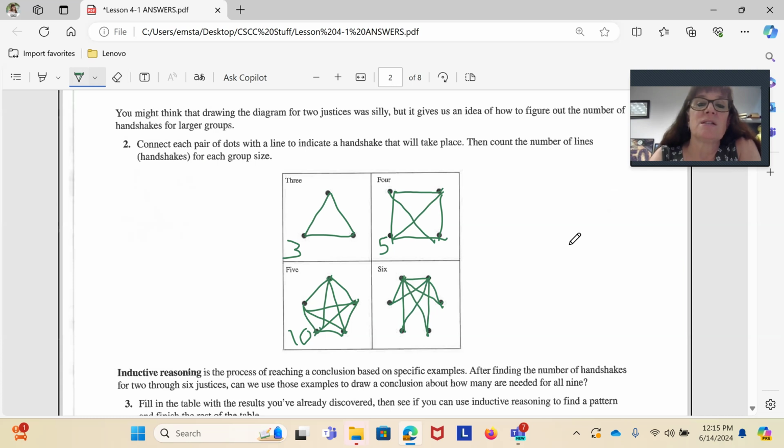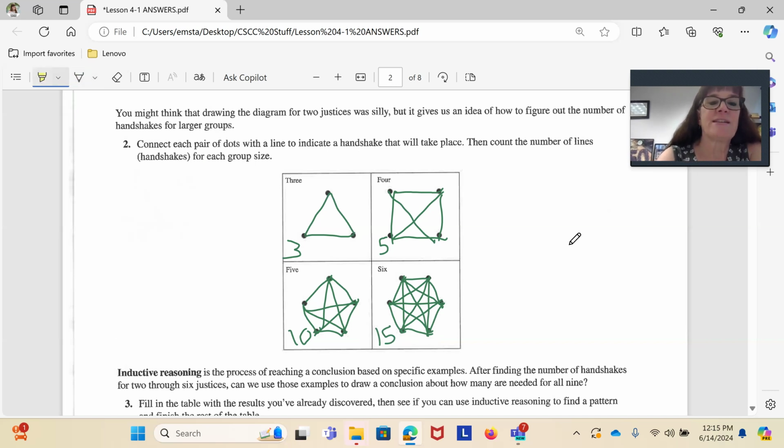Person 3 only needs to connect with person 4, 5, and 6. Person 4 only needs to connect with person 5 and 6, and then person 5 only needs to connect with person 6, and then person 6 is done. Count up the lines. You can pause me to do that if you need to. You should get that there were 15 lines.